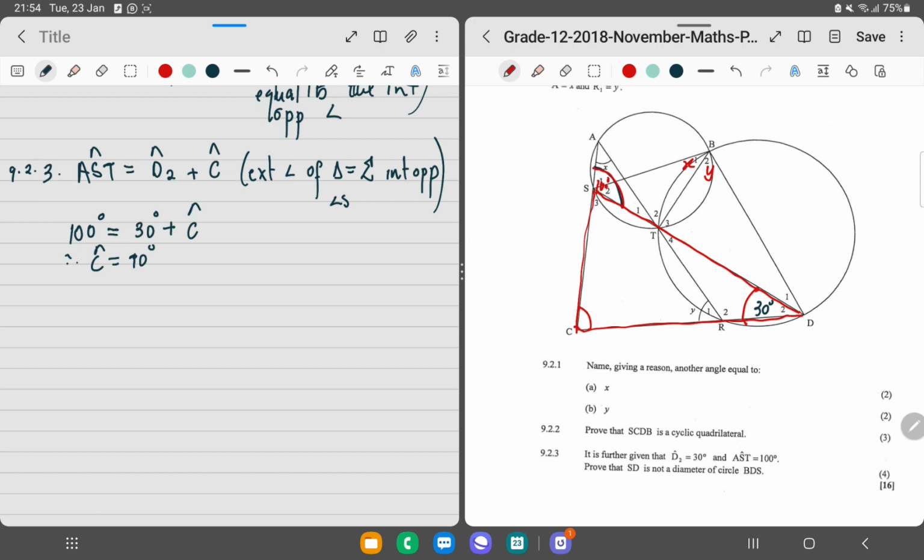We've proven in 9.2.2 that SCDB is a cyclic quad. So it means that, let's just write this, C plus B must be equal to 180 degrees because the opposite angles of a cyclic quad are supplementary.